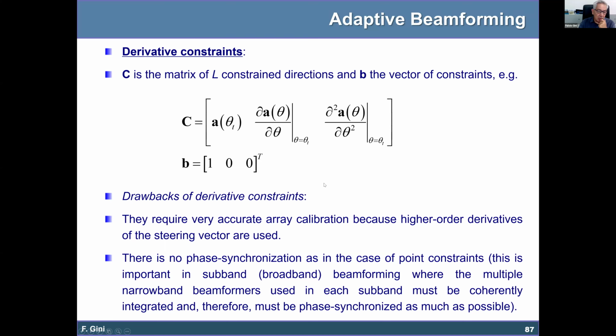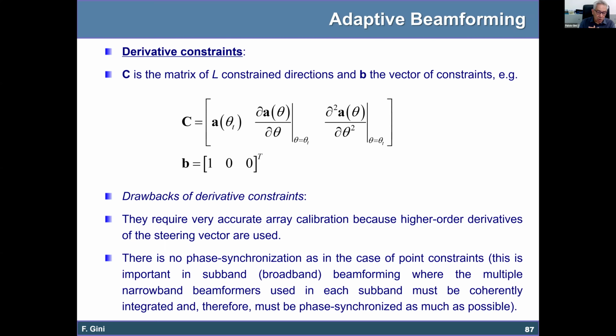So this is possible. Sometimes, in addition to point constraints, you find also derivative constraints. The goal is to shape properly the beam pattern. The drawback is that imposing derivative constraints requires very accurate array calibration.